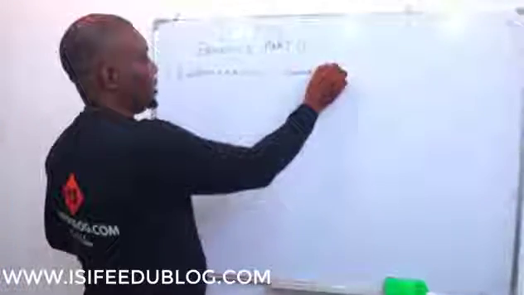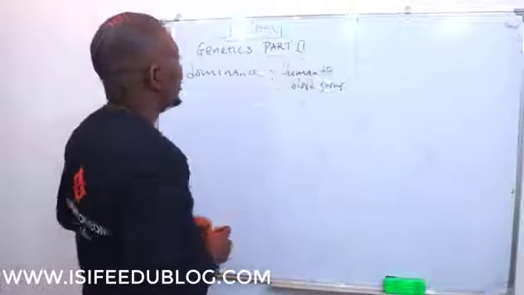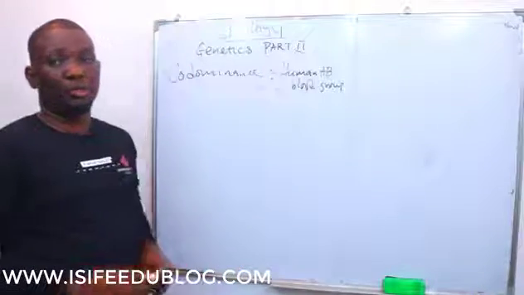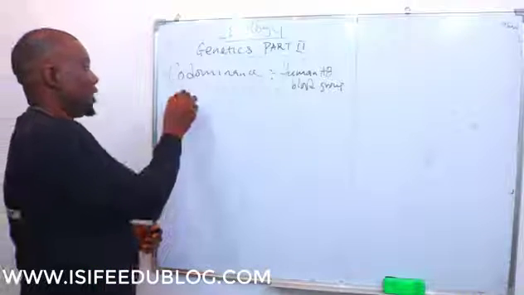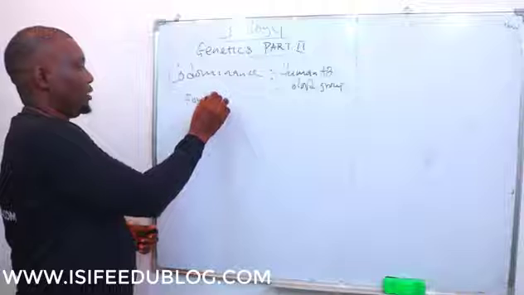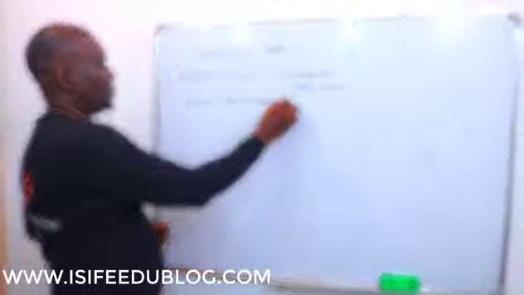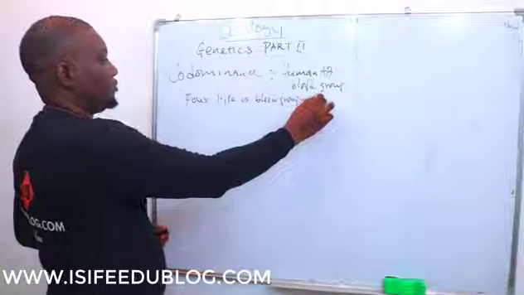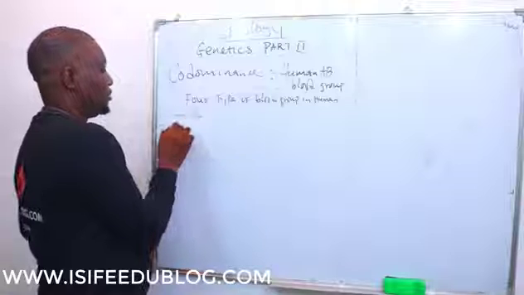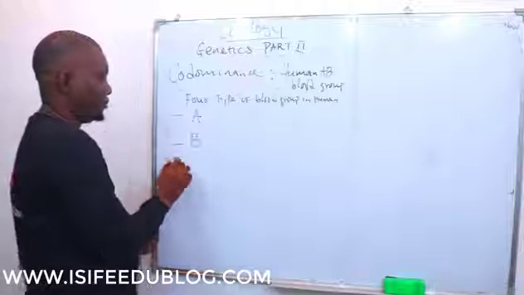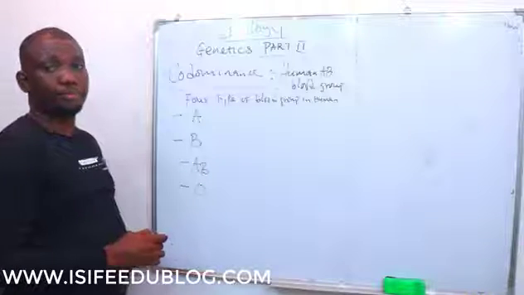But we must first understand that there are 4 types of blood group in human: the A blood group, the B blood group, AB and O.